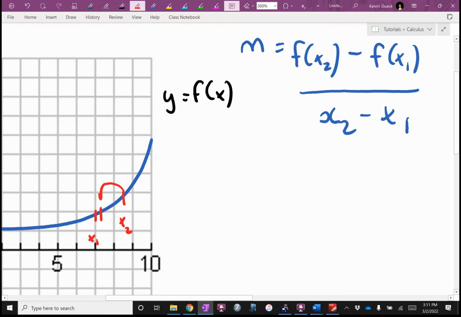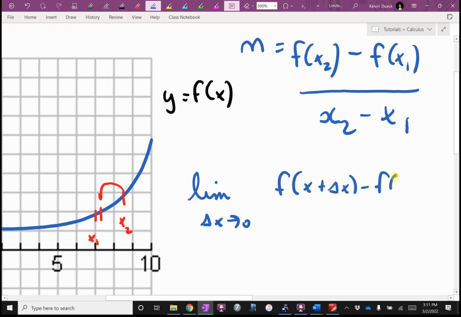If you want to take the slope of a curve, and you'll see this in a few days, or you may have seen it already, you go like this. The limit as delta x approaches 0 of f of x plus delta x minus f of x all over delta x. Or you may see the notation written a bit differently.